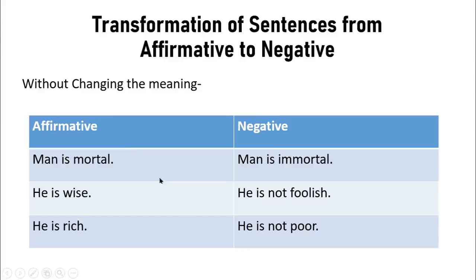Here we have followed a rule, that is, when we converted the sentence from affirmative to negative, we have used a negative word. He is wise. He is not foolish. He is rich. He is not poor. So dear boys, I hope you are very clear about this fact, because this matter is very known to you all.